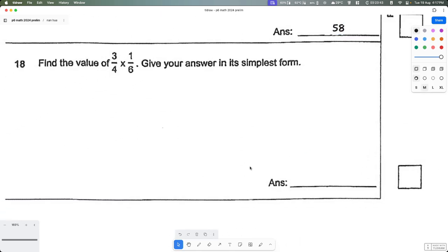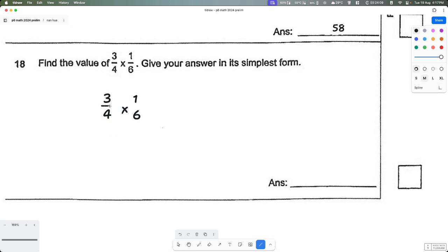Question 18. Find the value of 3 quarter times 1 over 6. Right? 3 over 4, and then times 1 over 6. What we can do is cross simplify. When you cross simplify, let me make this a little bit bigger.